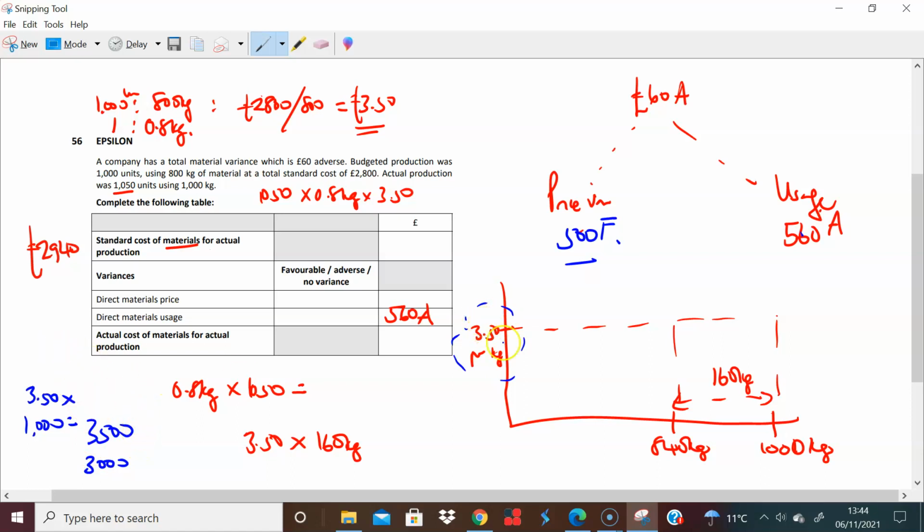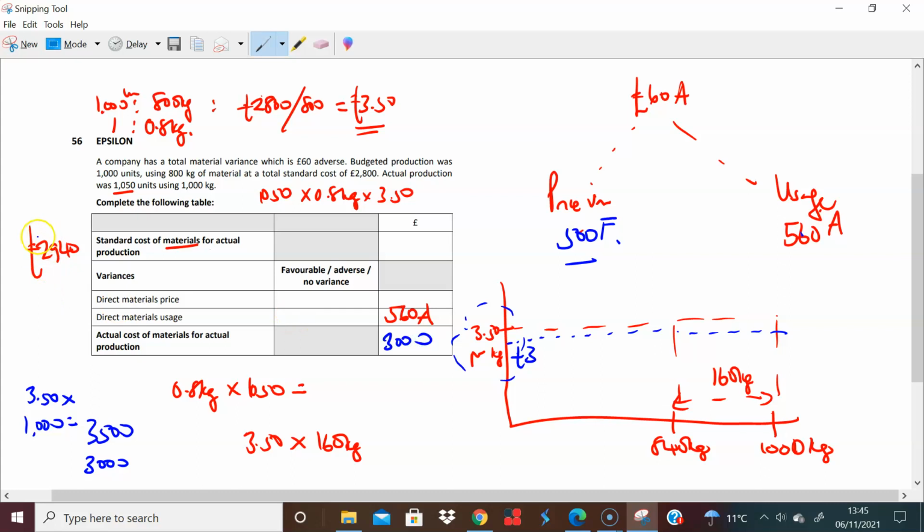I don't need to calculate it, but I can. 3,000 divided by 1,000 is £3. So instead of £3.50, you actually spent £3 on a kilogram, and you bought 1,000 kilograms. So the actual cost is 3,000.